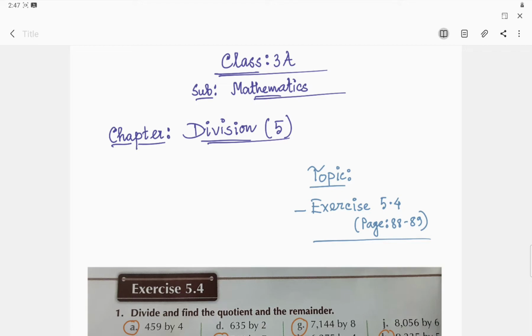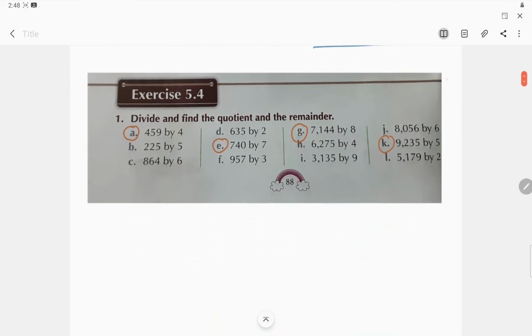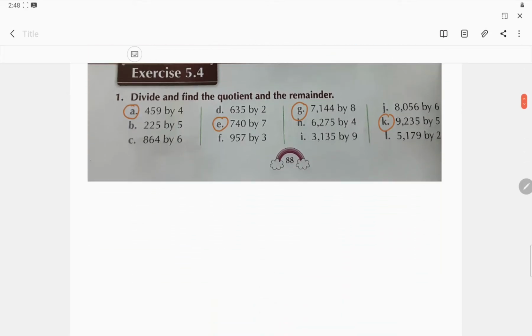In the previous video we learned the division of a 2-digit number by a 1-digit number and how to check your division. So let's start with our new topic on page number 88.